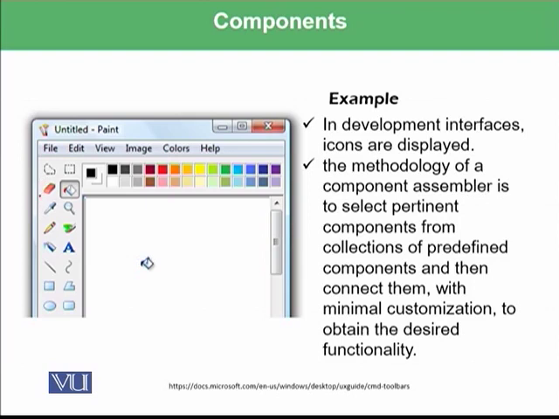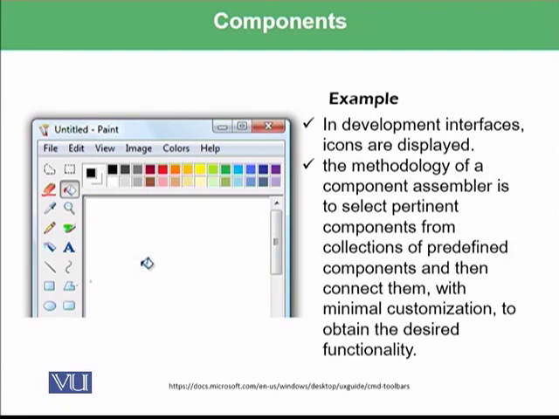For example, this component is a rubber component. Whatever you want to remove from the screen, you can call this component to remove. Similarly, this is the brush. If you want to write anything, you need to click this component, etc. If you want to draw different shapes, you can use all of these components.